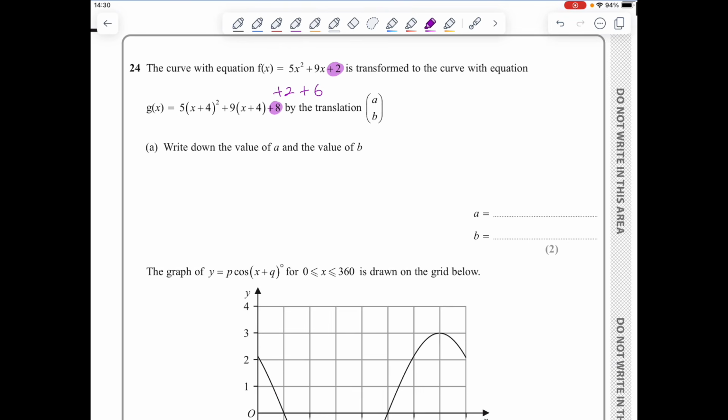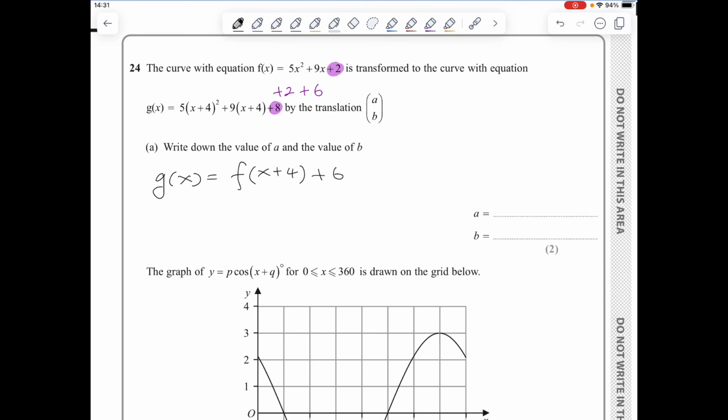So now if you compare f of x with g of x, you will notice that I can rewrite g of x as f of x plus 4, which will cause all the x's to be replaced by x plus 4 and get this expression here, and then I have the plus 6 at the end. Now there are two translations, one horizontal and one vertical.